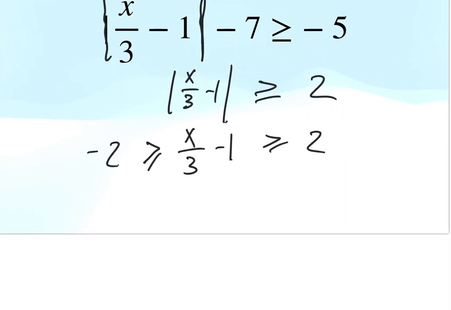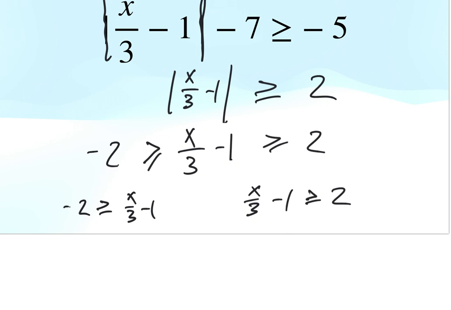And then what you should do is reset it as 2 different equations. Negative 2 greater than or equal to x over 3 minus 1. And then over here, x over 3 minus 1 greater than or equal to 2. And then run them through individually.